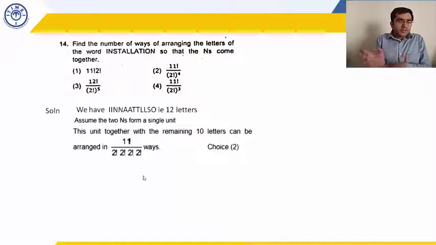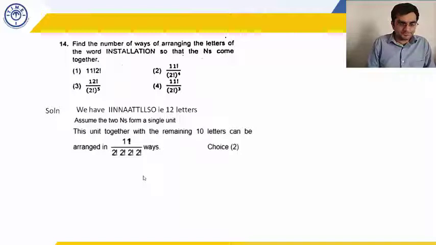So there is only one way to keep them. There's no way to identify whether the order would be different or not. It does not change anything. Did this make sense to you all? I have treated it as one unit now, and then I have 10 other items or entities, and now I arrange all of them using the n factorial formula.